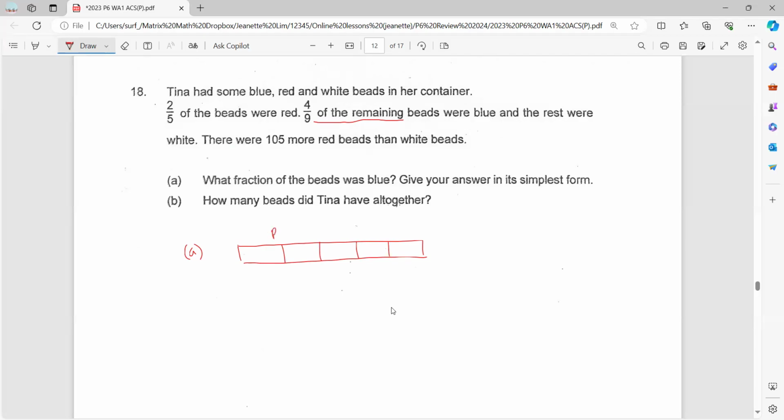Two-fifths were red. Then you have the remaining. The remaining you're supposed to cut into 9 units. So I'll redraw a model. Then I'll cut into 9.